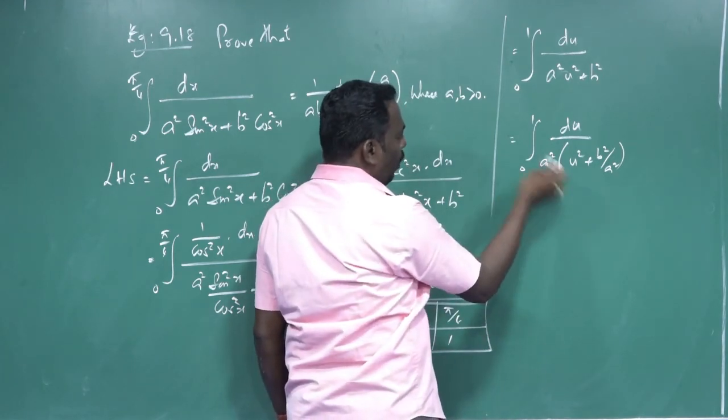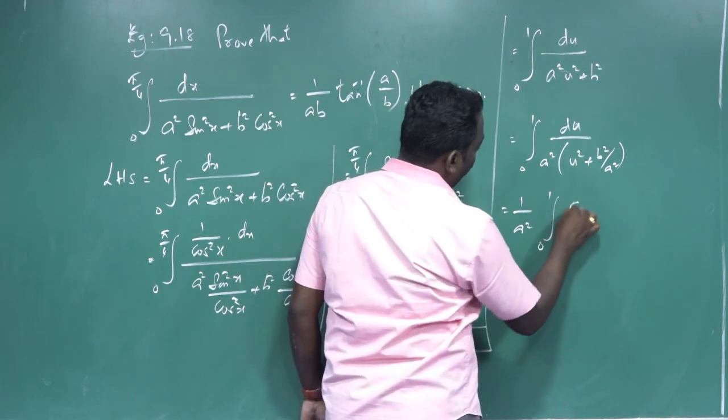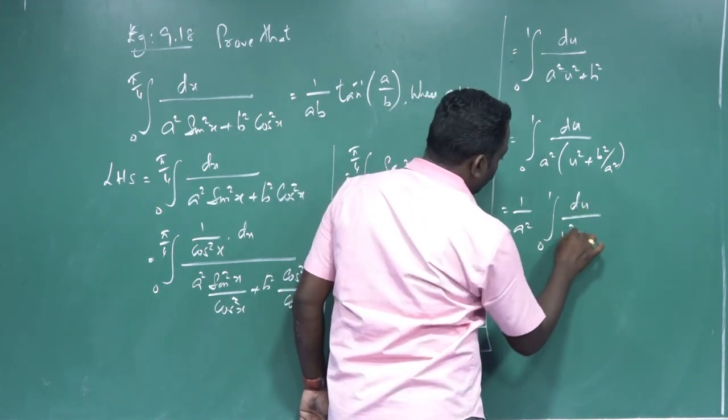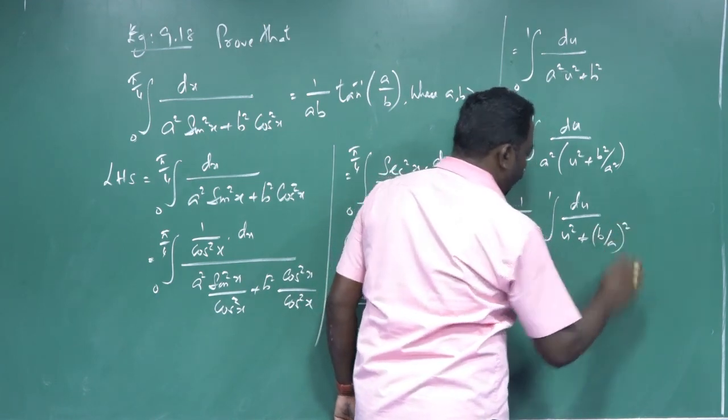Again, take a squared outside the integral: 1 by a squared, integral 0 to 1, du by u squared plus b by a, the whole squared.